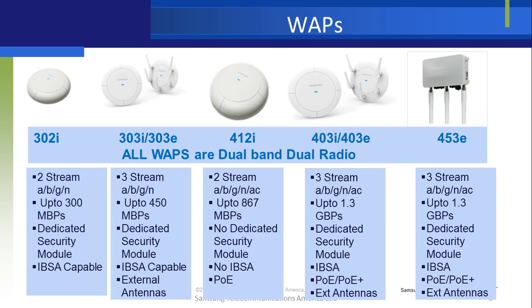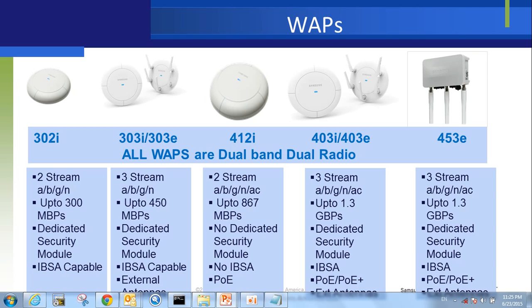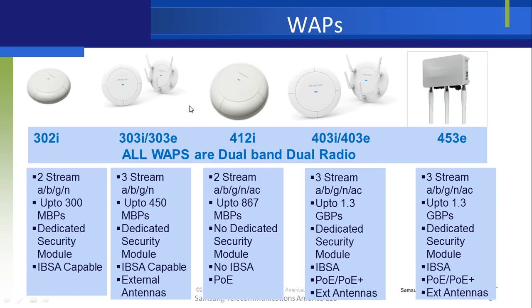I'm not going to say you're going to get 1.3 gigabits per second, because that's just a theoretical number. When you start doing all the calculations and you look at the channel utilization and number of contenders, the throughput does go down quite a bit. But assuming you have a three-stream client, you're going to get some really decent speeds here. Then it has a dedicated security module. It does support IBSA, and it is capable of PoE and PoE plus.